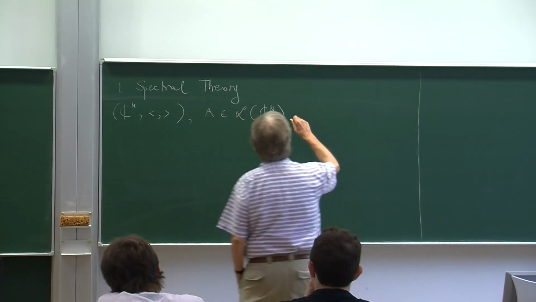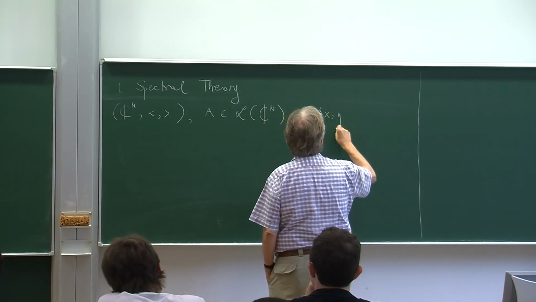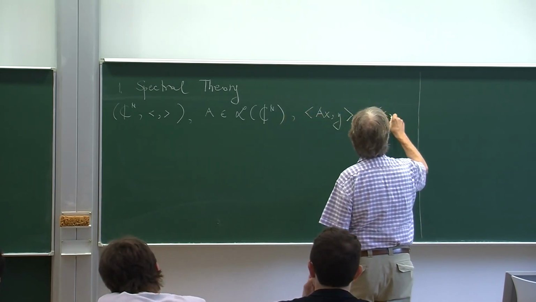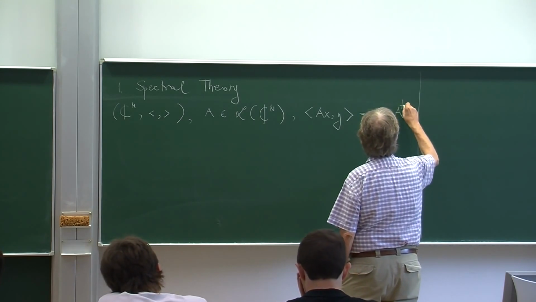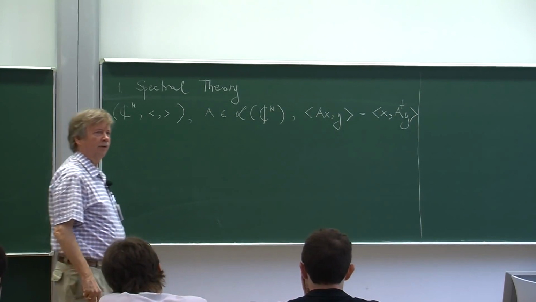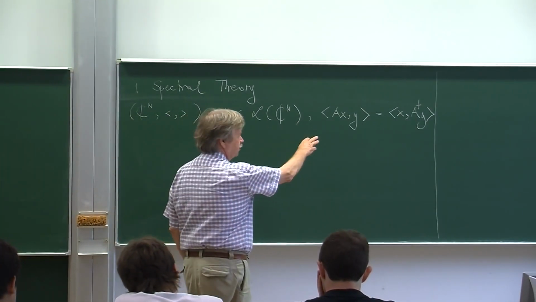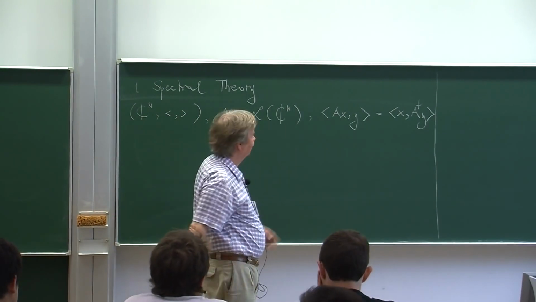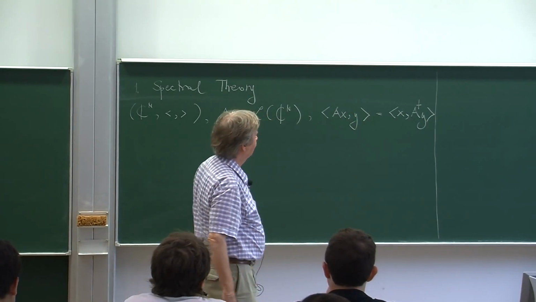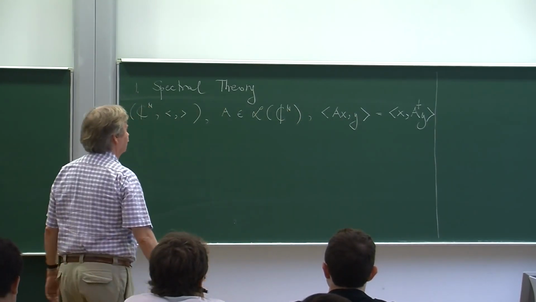And then we use the scalar product to create another operator which I call A dagger, as long as we are in the bounded case. So this is just the Riesz theorem. You consider this as a linear functional in x, and then you see that this is linearly dependent on y. Everything okay.